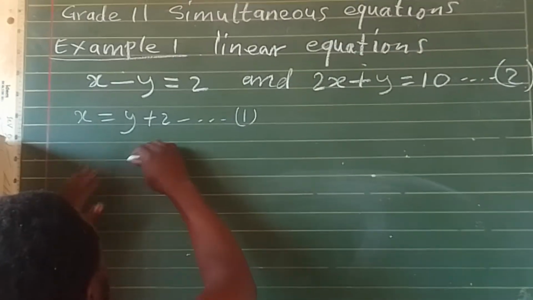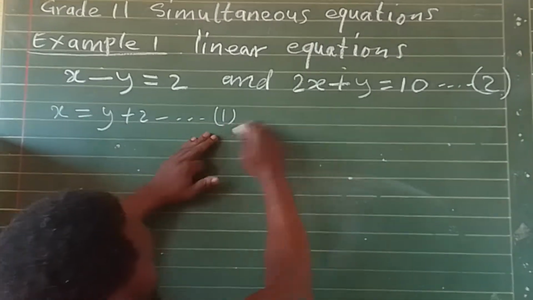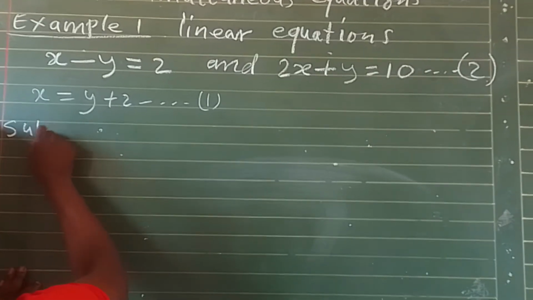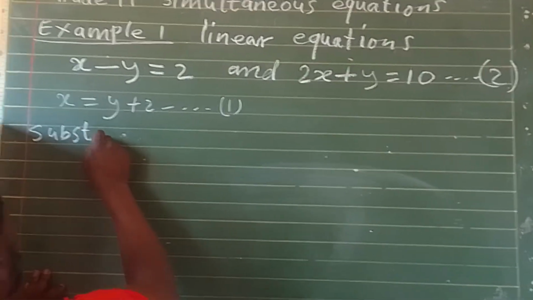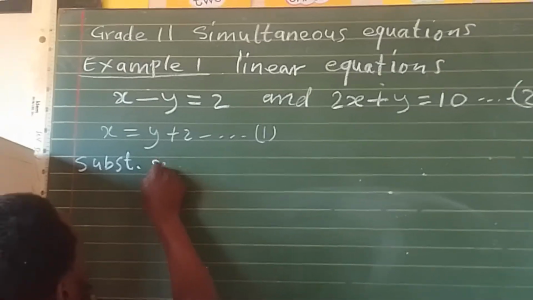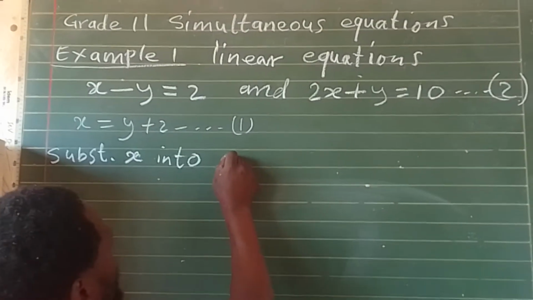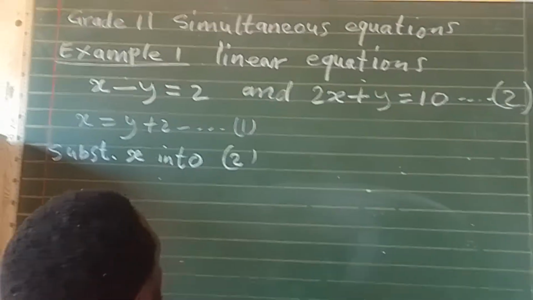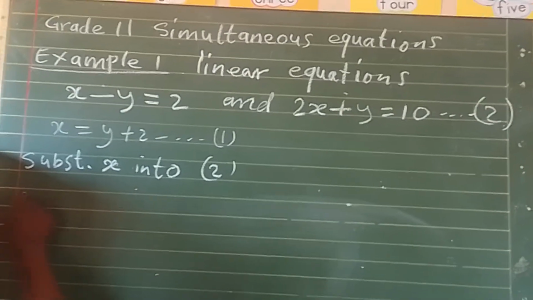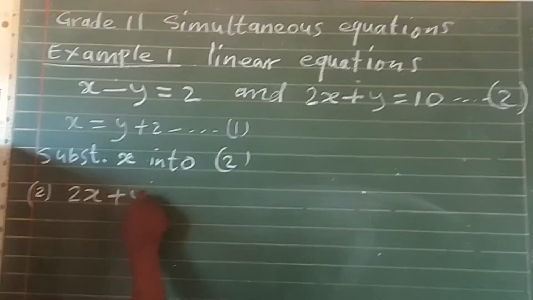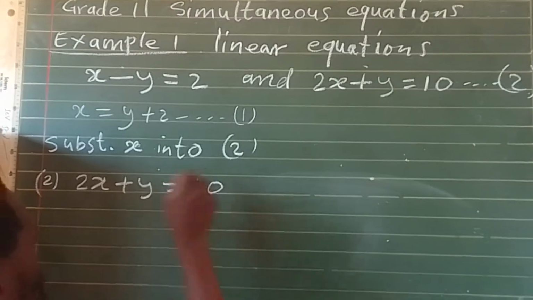Then we are going to substitute x from equation 1 into equation 2. You tell the marker, substitute x into equation 2. You write equation 2 first. It says 2x plus y is equals to 10.